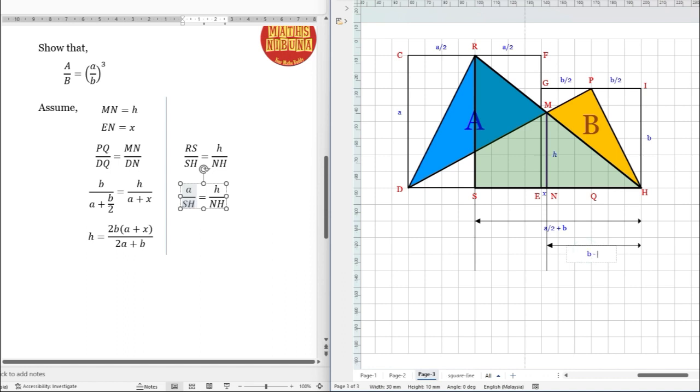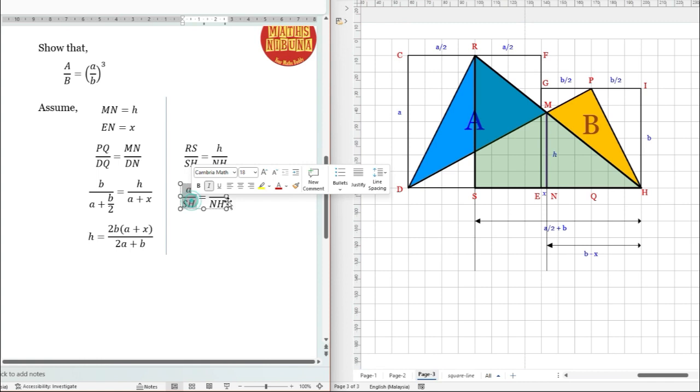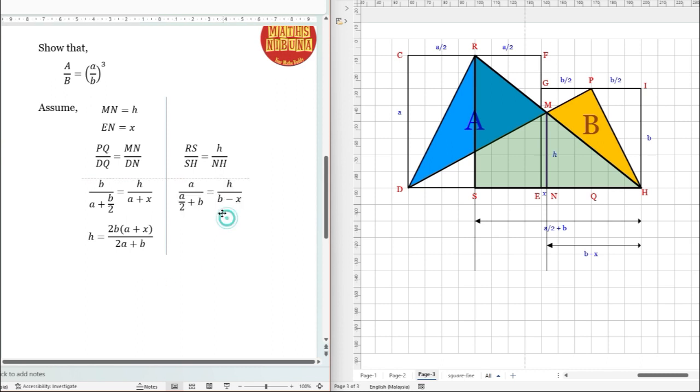So SH equals A over 2 plus B, and NH equals B minus x. So this is the second equation.